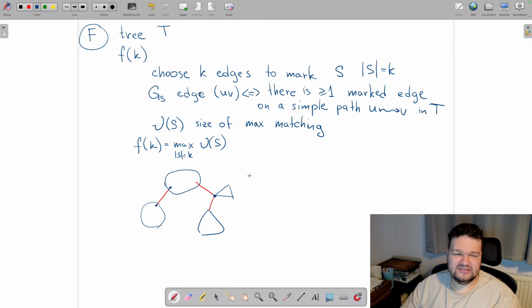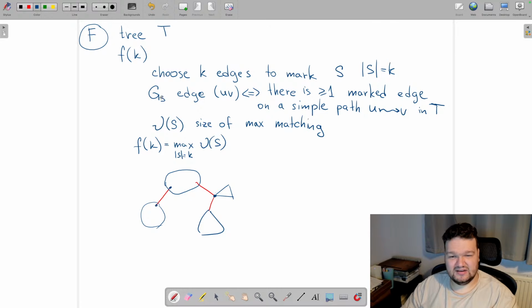Basically, if you cut those edges from the tree, we will get some connected components. The number of those connected components will be exactly k plus 1, because for every cut edge we split one of the components in two.